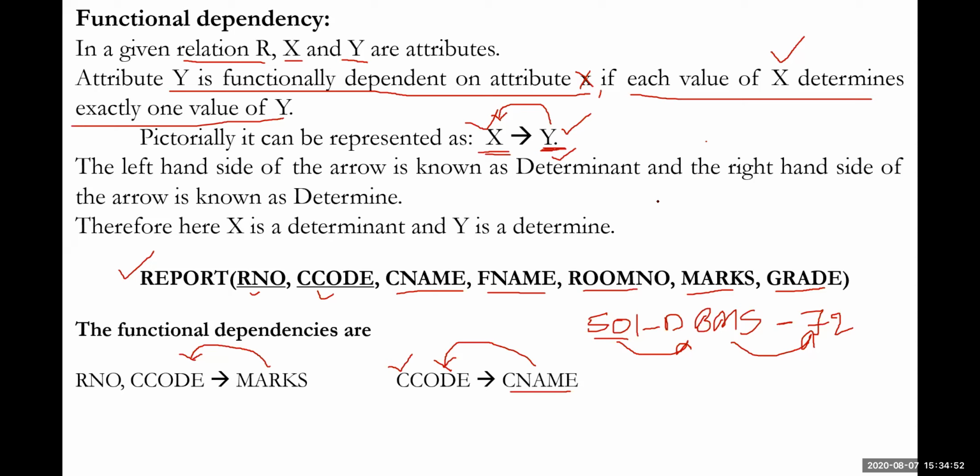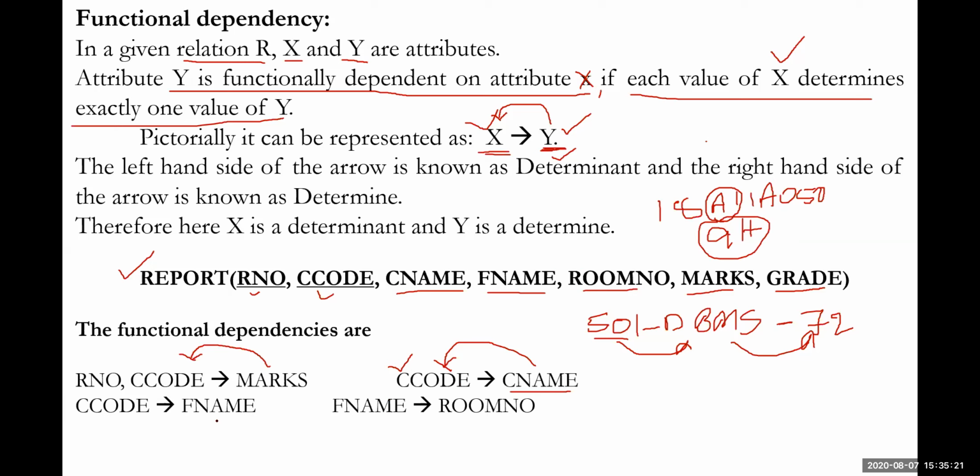Let me say 18A1, 1A0, 501. Based on this value, people will understand you belong to NIST. Every course has its own code, so course name depends on it like that.